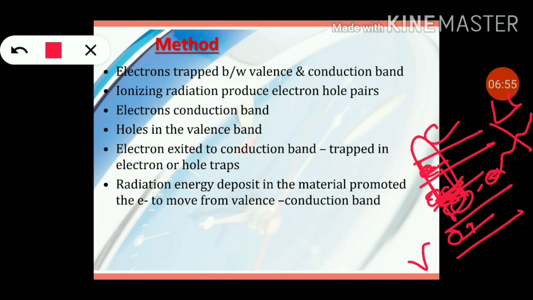All the electrons are not emitted, not all are freed from the traps. That's why some of the electrons remain trapped inside the hole traps, so that we can reread again and again without the loss of a signal.